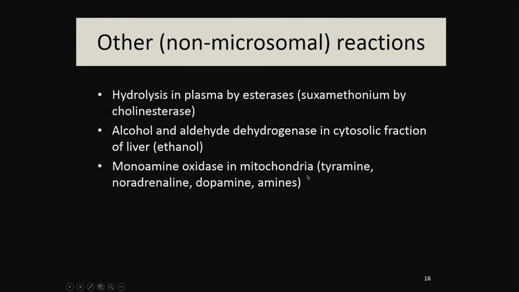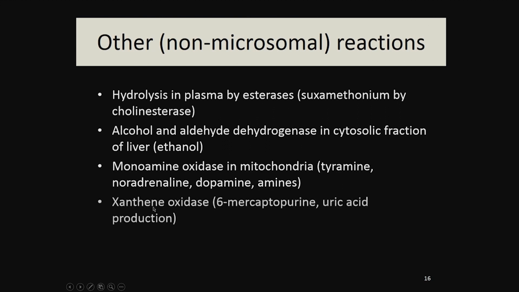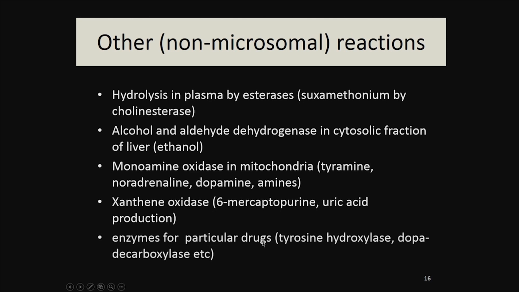Monoamine oxidase in mitochondria, especially for dopamine, amines and so on. Xanthine oxidase. So these are some of the enzymes which do the biotransformation. Then there are enzymes for particular drugs, tyrosine hydroxylase, dopa decarboxylase and so on.